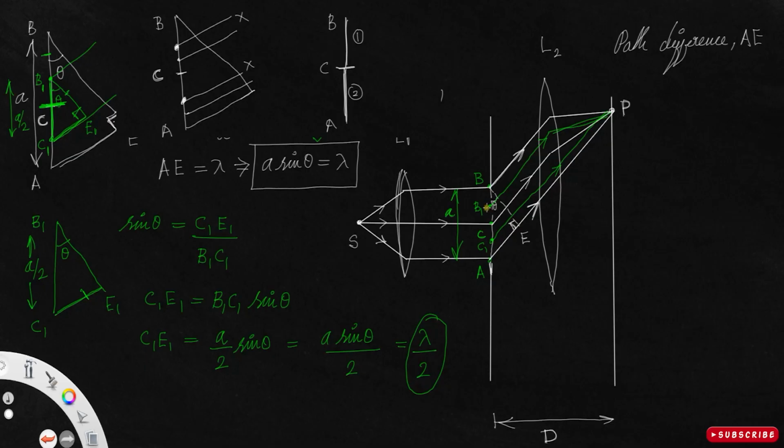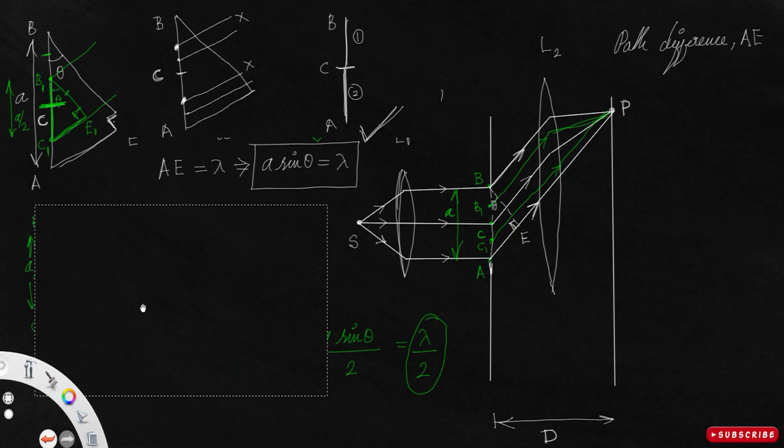So when this condition persists, we get a dark fringe in here. Okay, so the condition for the dark fringe is A sin theta is equal to lambda.